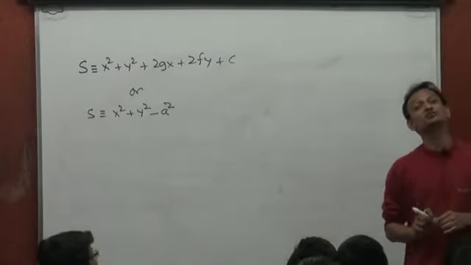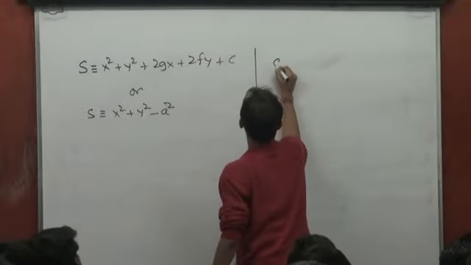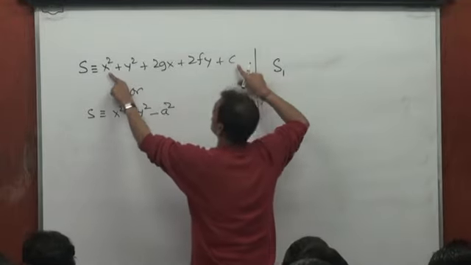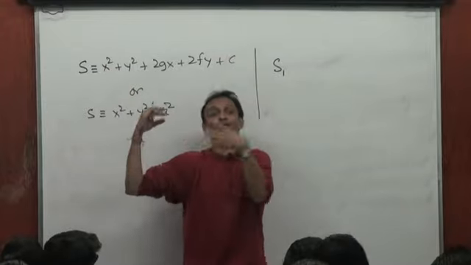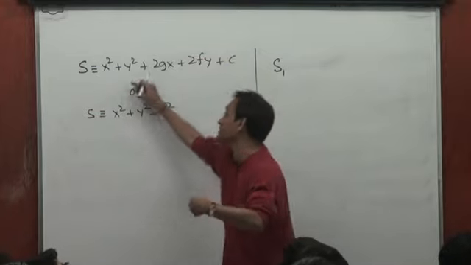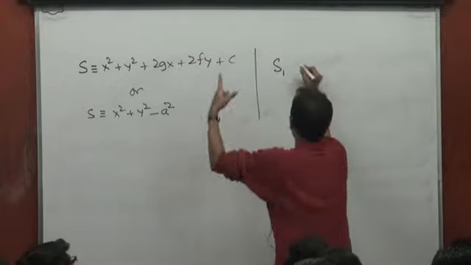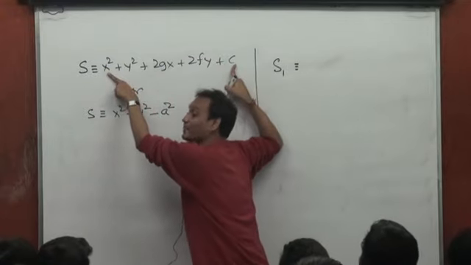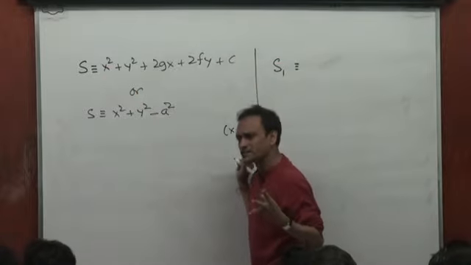Now, when I say S1, this is what I would mean. If I say S1, then I would mean to replace x and y by some point x1, y1. This xy is general, but when I replace x by x1 and y by y1 in this expression, I would then call that expression S1. So S1 would be a number obtained by replacing x by x1 and y by y1, where x1, y1 is just any point, anywhere, not necessarily on the circle.